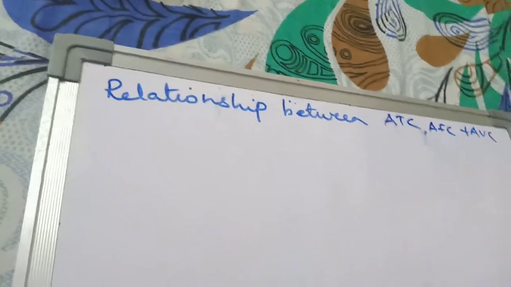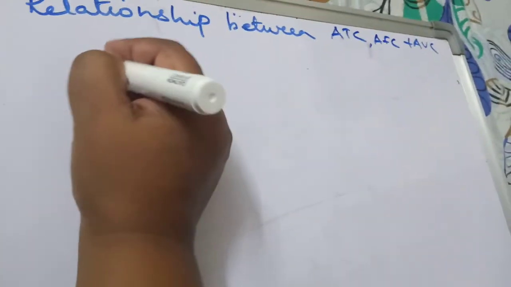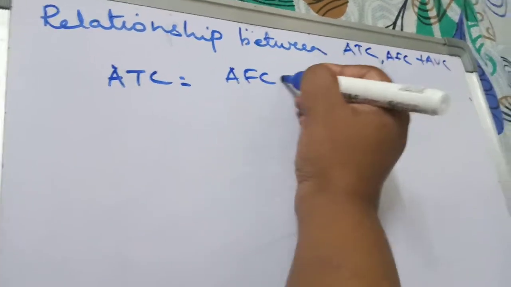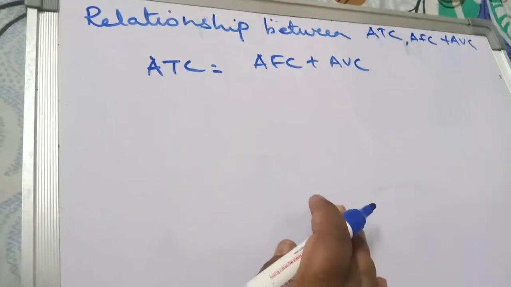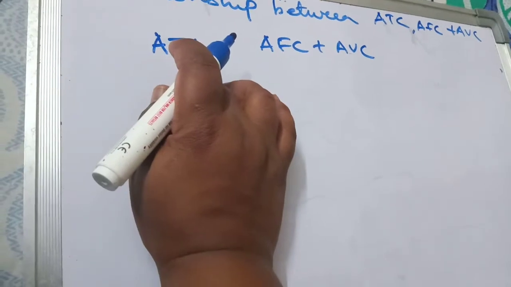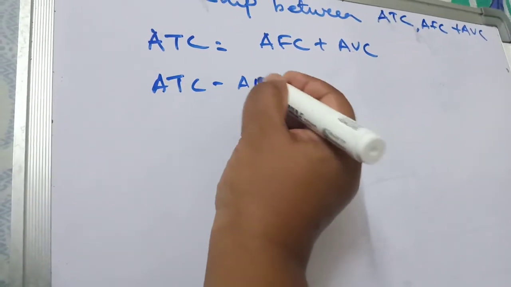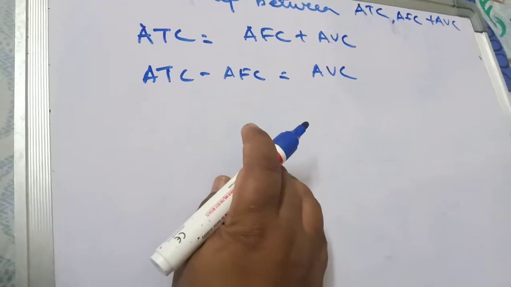Now we're going to do the relationship between ATC, AFC and AVC. We're going to start with this: ATC is equal to AFC plus AVC. Now ATC minus AFC is equal to AVC. You can write this also.